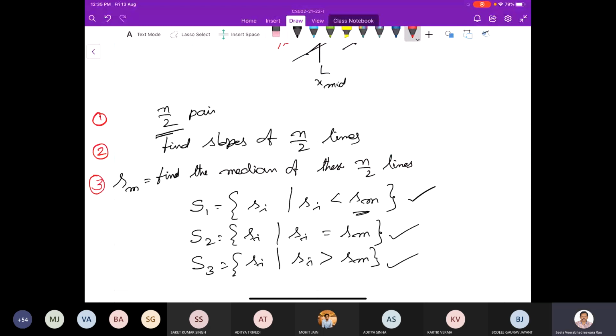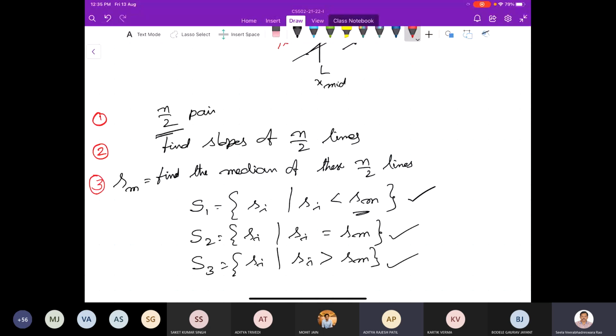Sir, what exactly do you mean when you say median of lines? What is the median of n numbers actually? The number falling in the middle when you sort it. The slope is some value. So you have n/2 slopes, n/2 values are there.